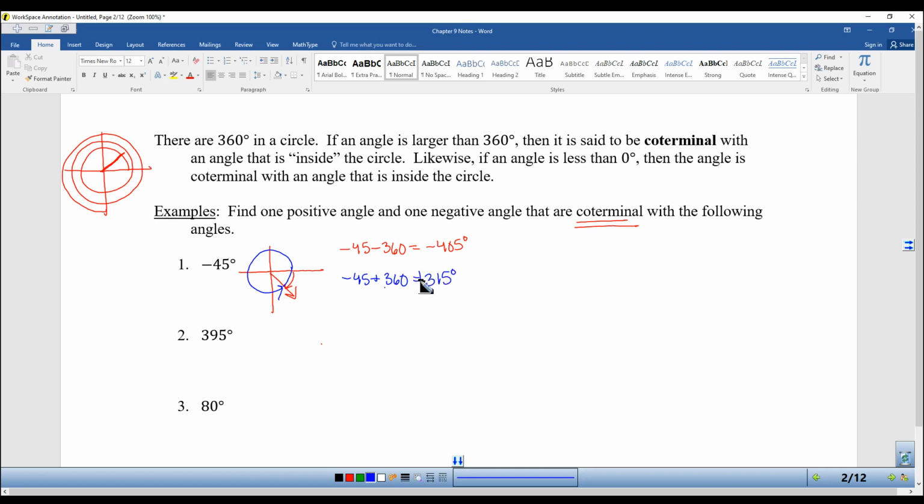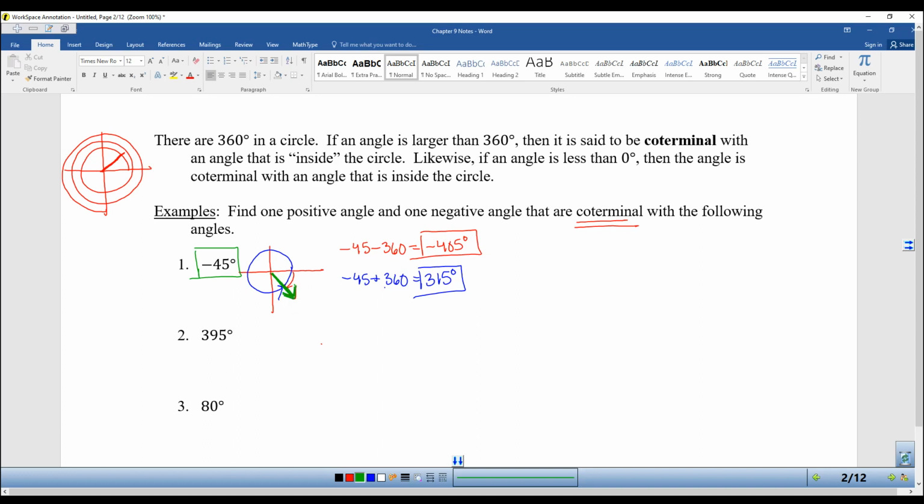So this angle, 315, and negative 405 and negative 45 are called coterminal. They all look exactly like this. If you didn't have the little arrow showing you which way you got there, they would all just look like this green ray right there.